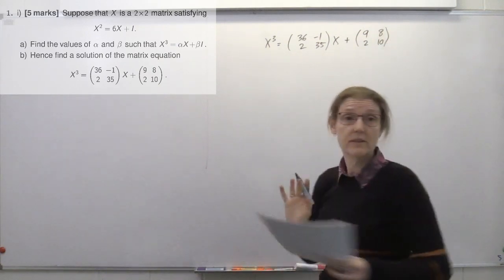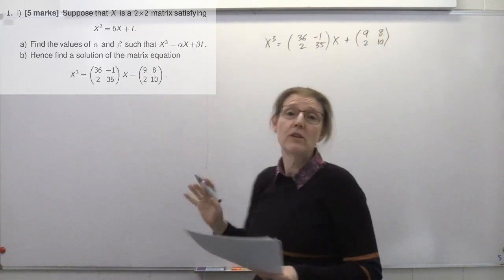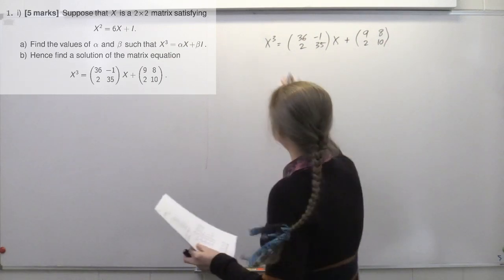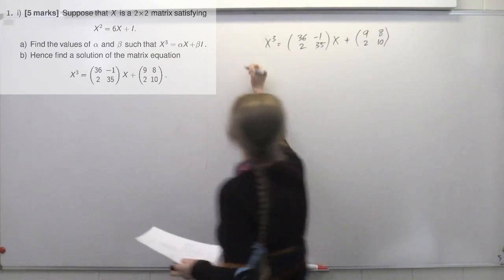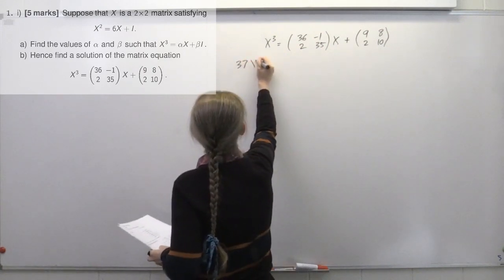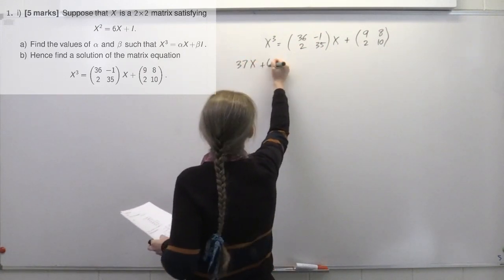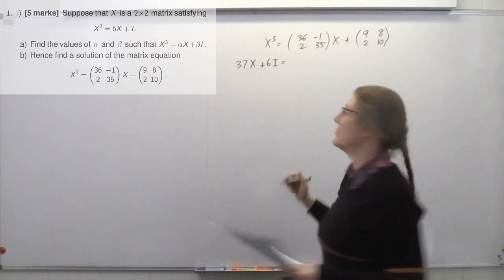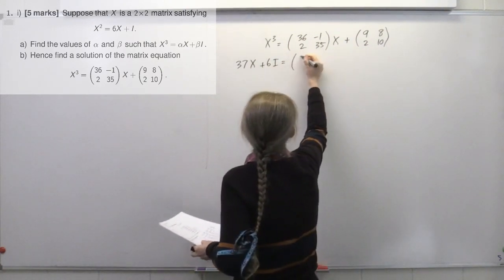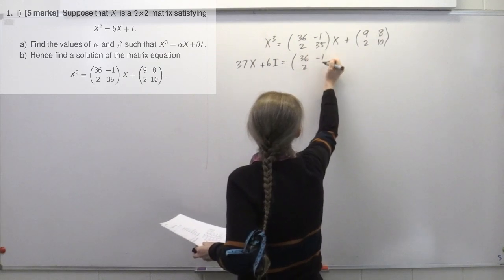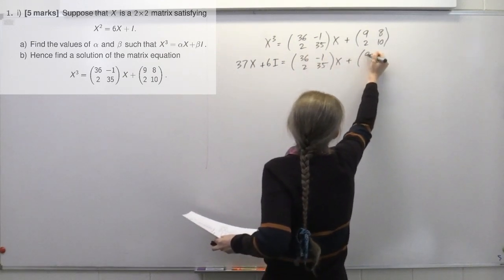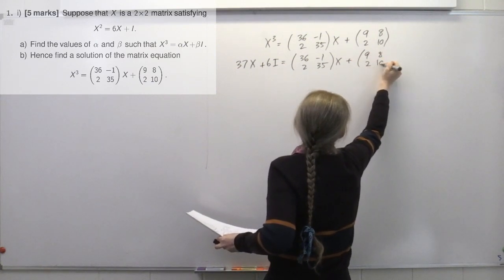Okay, so what we're going to do is use the part from part A and replace x cubed by 37x plus 6i. And of course the right-hand side is the same: 36, 2, minus 1, 35, x plus 9, 8, 2, 10.